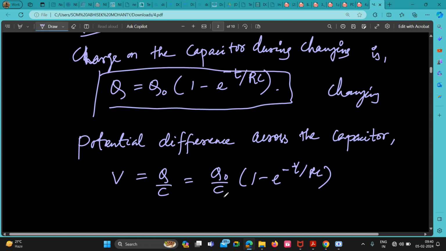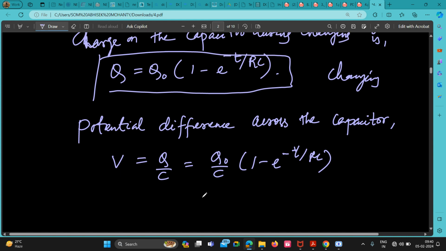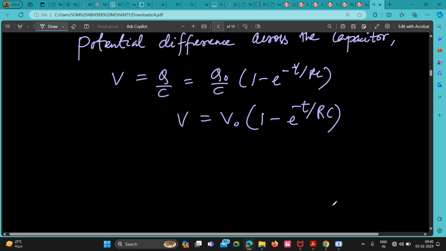Now Q naught by C is V naught. So V is equal to V naught times 1 minus e to the power minus t by RC. Now all the given values are there.